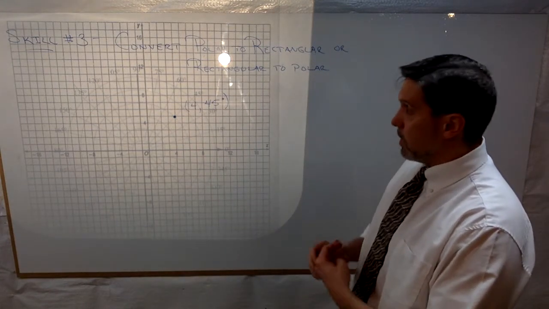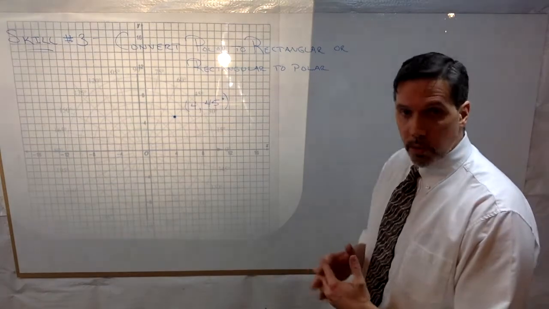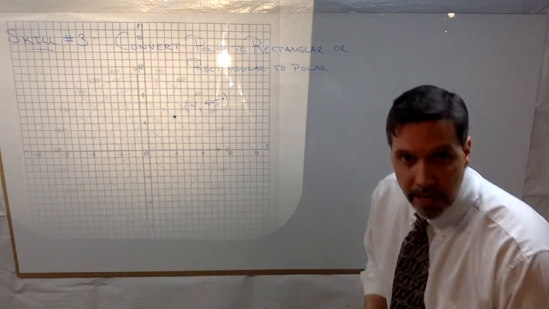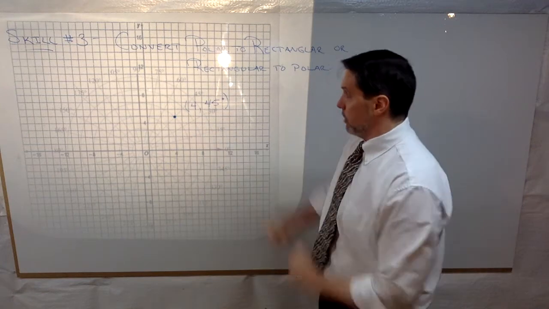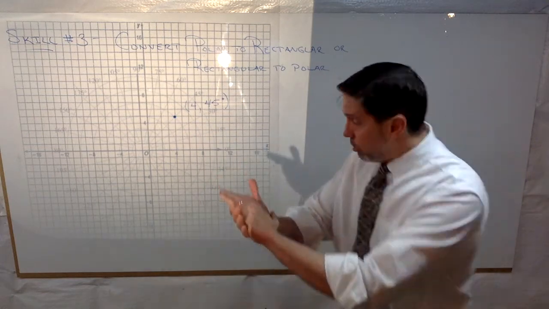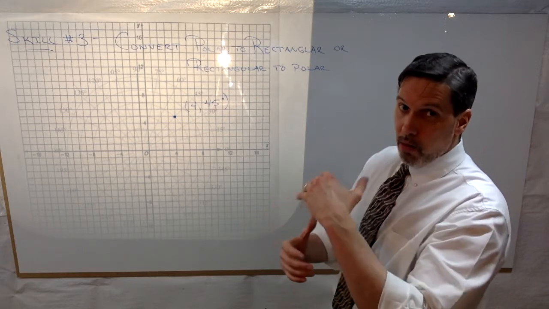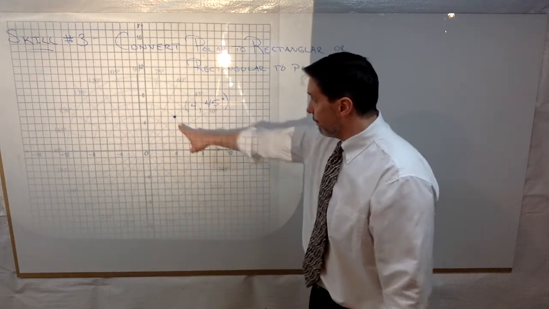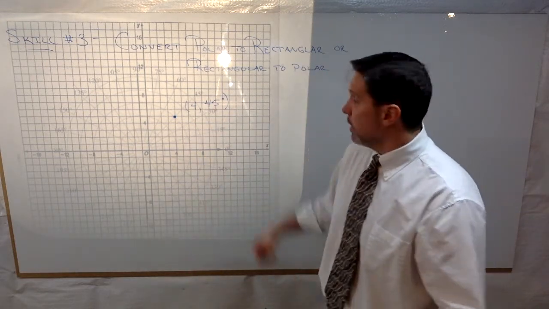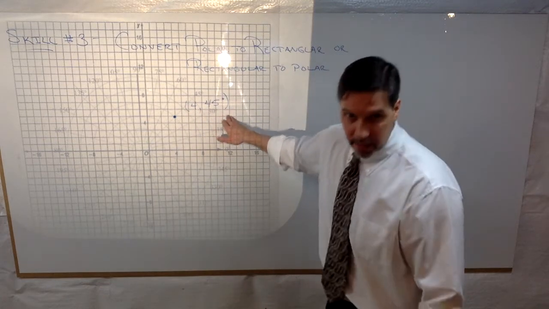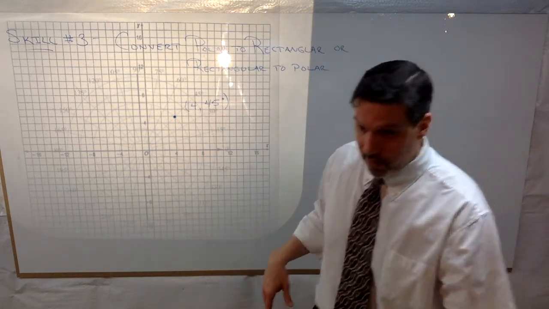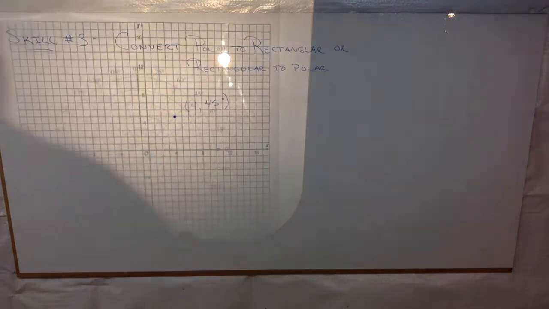Now, as far as how to figure that out, it's really not as difficult as it may sound. Seems like, boy, this is going to be complicated. You're putting two graphs, one on top of the other. But the idea is we have a means already for figuring out this ordered pair given an r and a theta. It's just something we did a while ago.